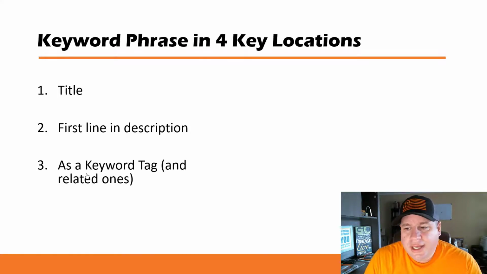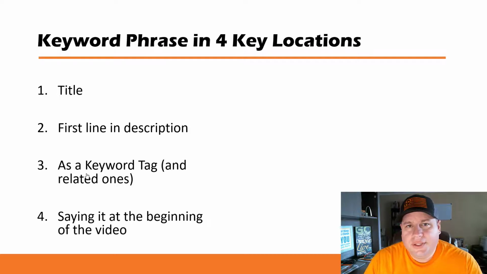You also need to have it as a keyword tag, along with other related keywords associated with it. And then lastly, and a lot of people don't know this fourth one, Google has language technology that can detect what is being said in the videos through closed captioning software and tools like that.